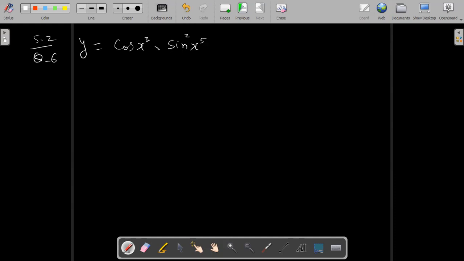See this, we have the product between two functions, then we have composite functions. So similarly, we will differentiate both sides with respect to x.